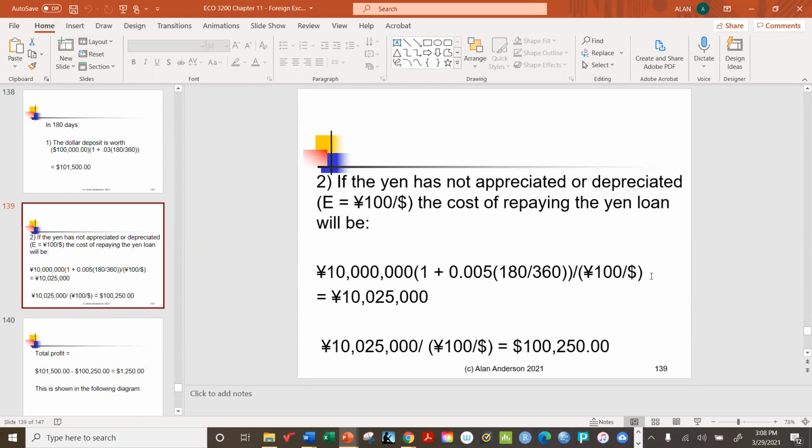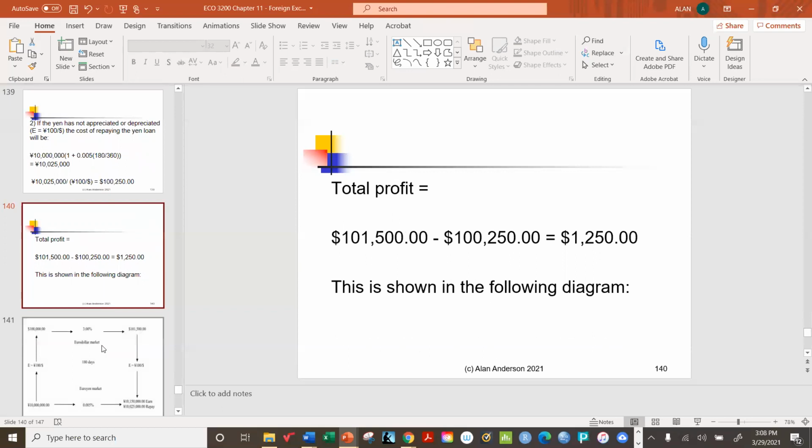And when you convert that back into dollars, by dividing it by the yen dollar exchange rate, that means that we must pay $100,250 to buy enough yen to repay the loan. Okay, so the total profit is equal to $1,250.